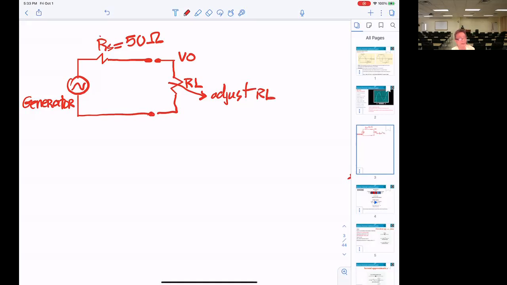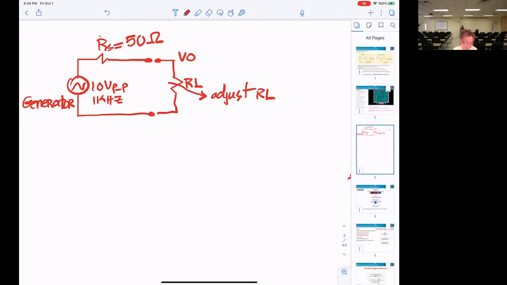That means you can vary the resistance of RL. Now they're telling you to set the generator to be 10 volts peak to peak, 1 kilohertz.